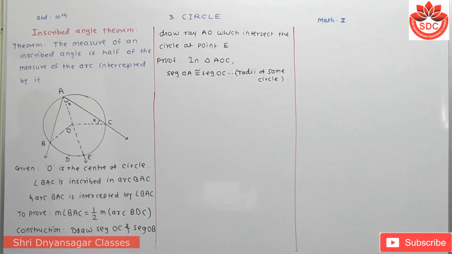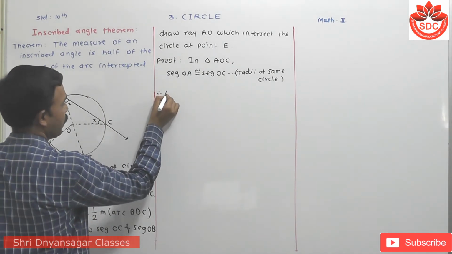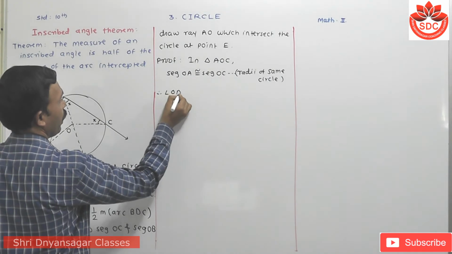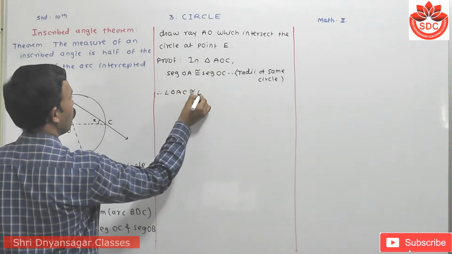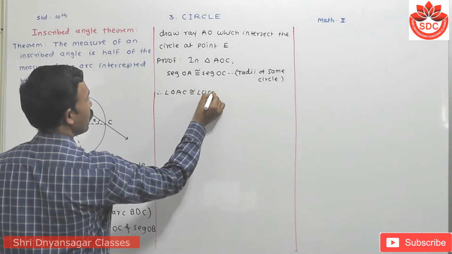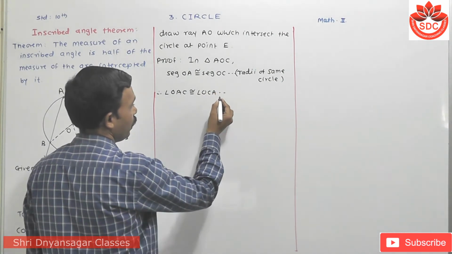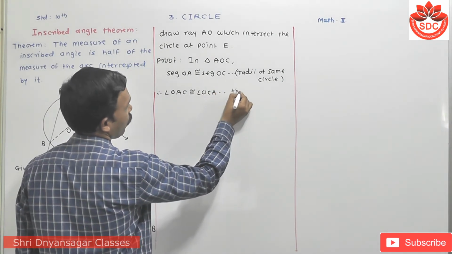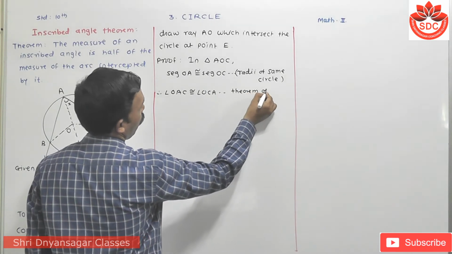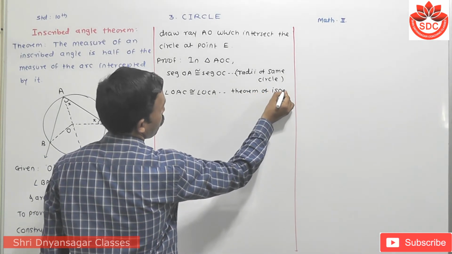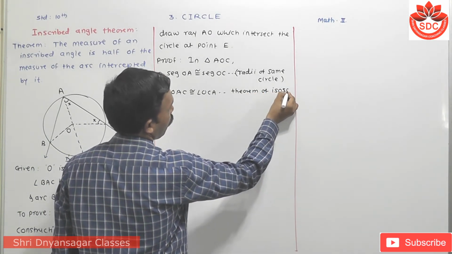Therefore angle OAC is also congruent with angle OCA because by using the theorem of isosceles triangle.